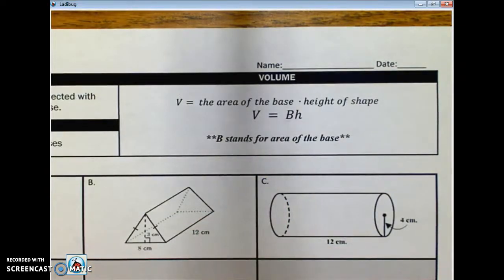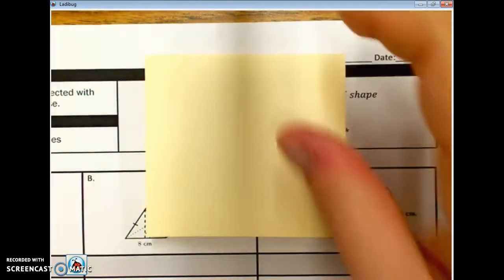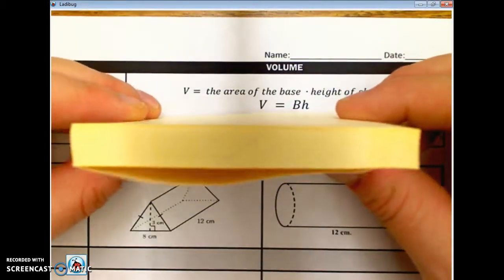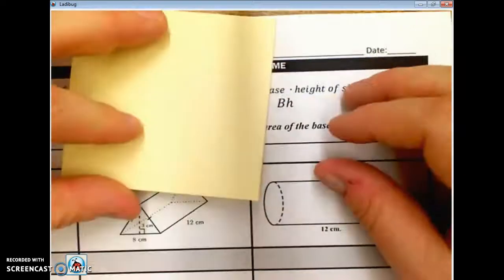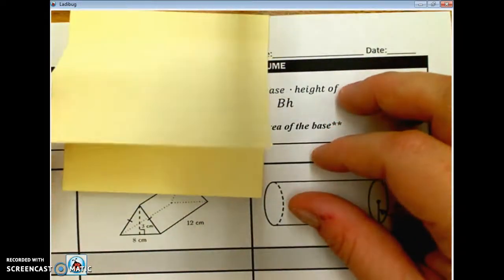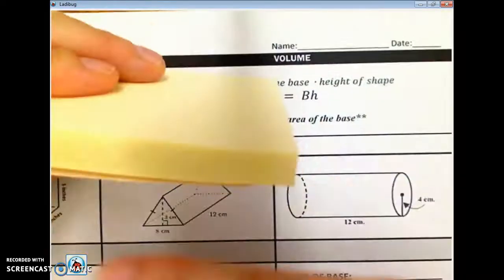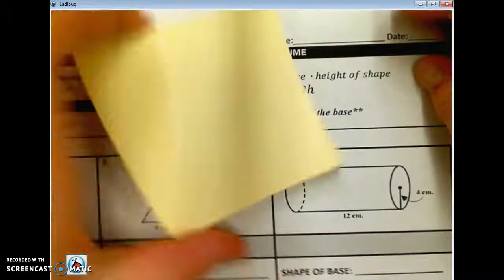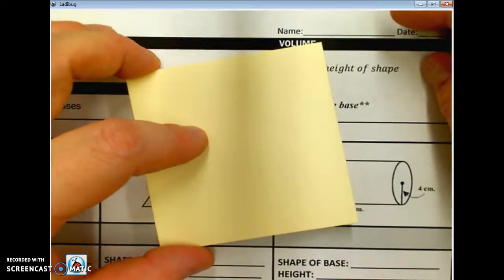So for example, if we were to take a look at this stack of Post-it notes, we can see that it's one Post-it note over and over again. So the volume is the amount of space that this object is taking up.